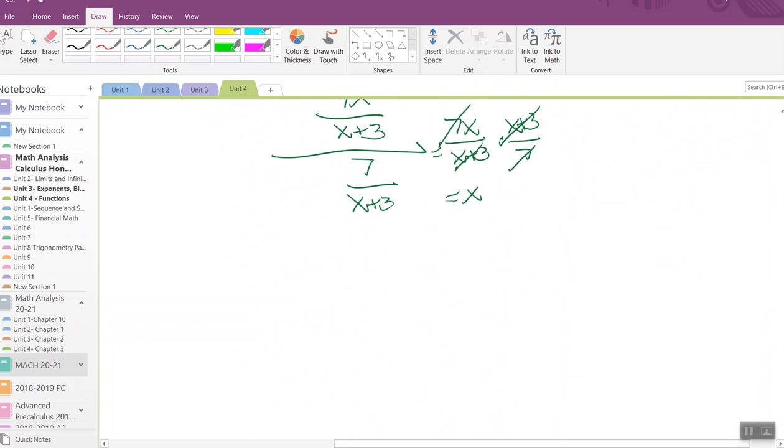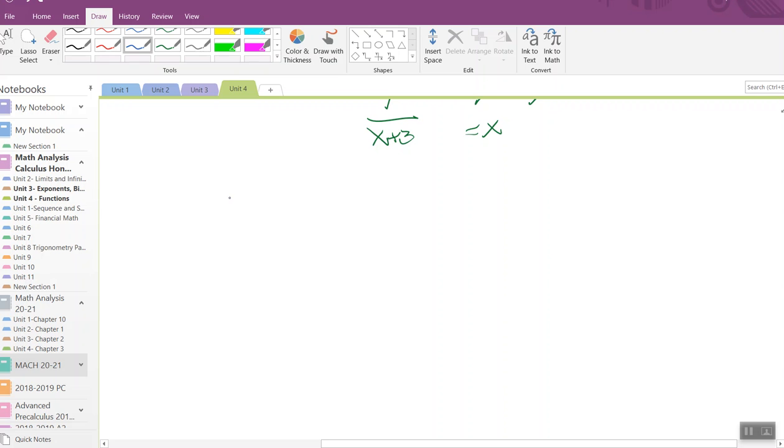All right, the last thing we have to do, part G, is determine the point of intersection. So remember, we set them equal to x, so (3x plus 1) over (2 minus x) equal to x.